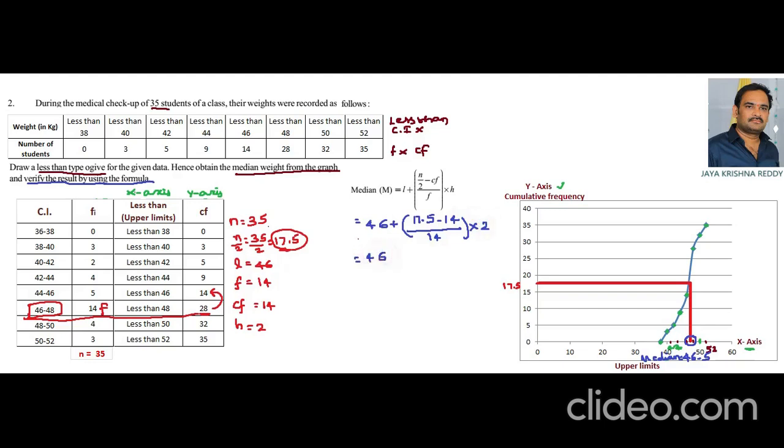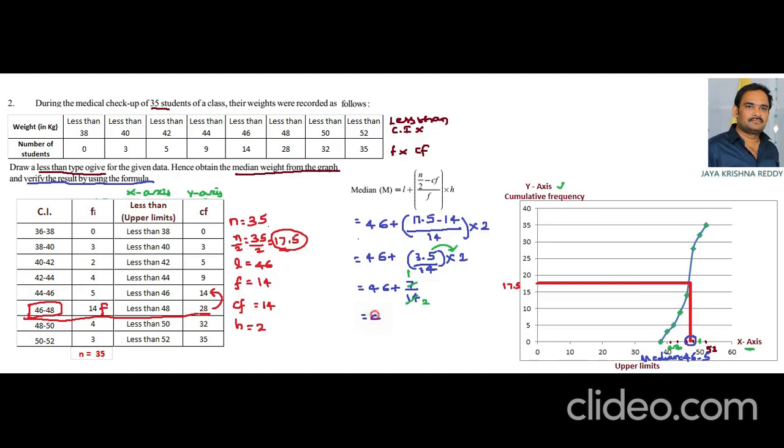So 46 plus, simplify the numerator, 17.5 minus 14 is 3.5, by 14 into 2, equals 46 plus, multiply the numerator terms, 3.5 into 2. 3.5 into 2 is nothing but 7. Denominator is 14. Now you can cancel the numbers.